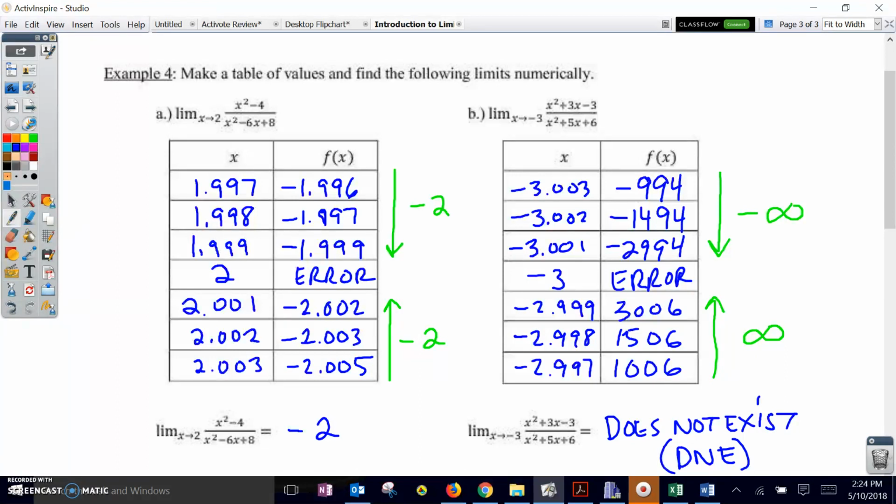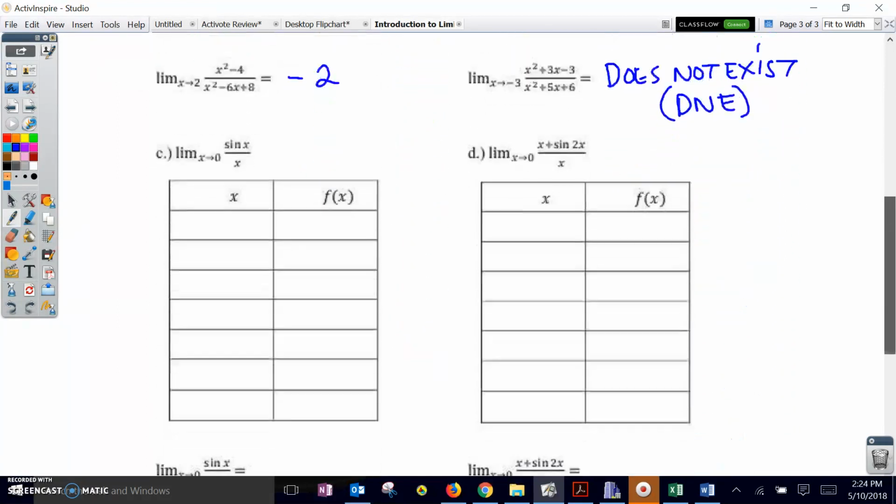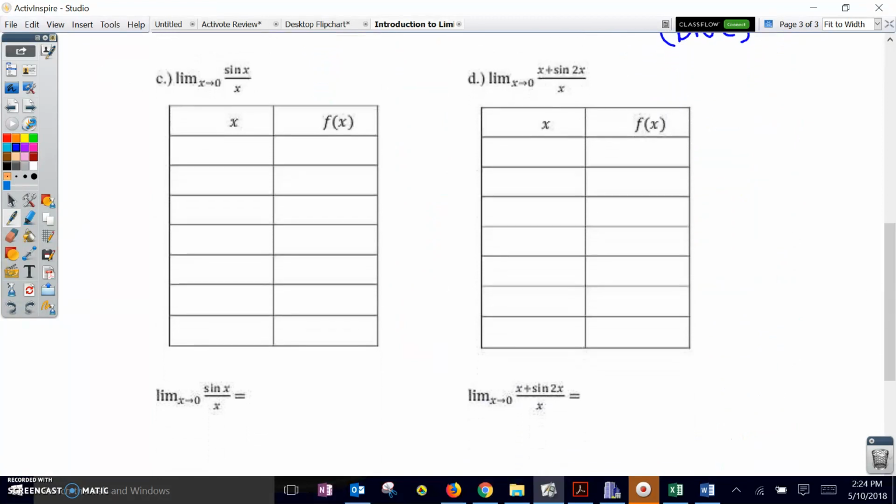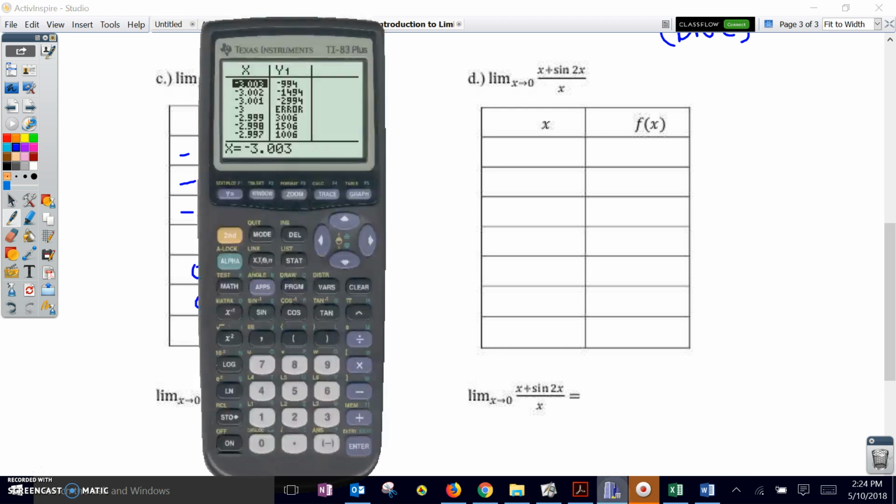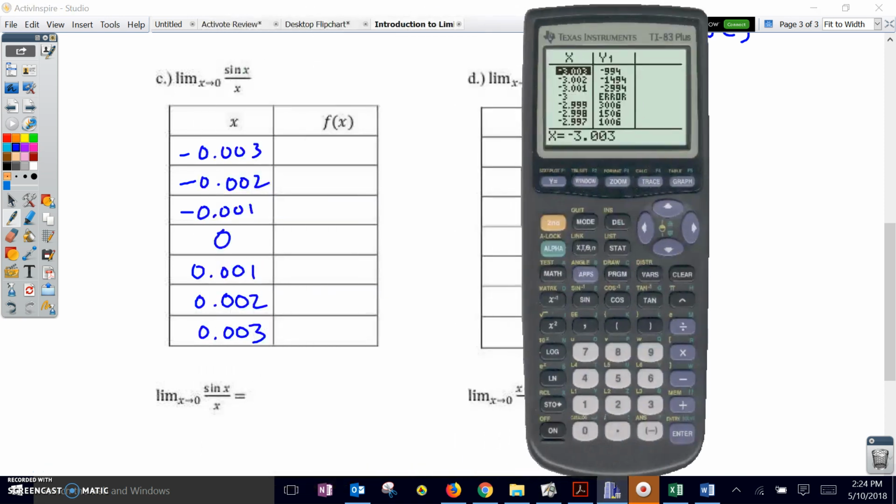Okay, let's go down to part C. Limit as x goes to 0 of sine of x over x. I want the limit as I approach 0, so I'll set up my table around 0. And type my function in.